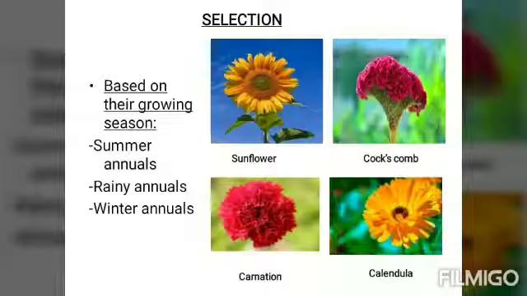You grow it in the winter season, and it starts blooming in that season only. There is a large number of winter annuals available in a wide range of flower forms, size and color.